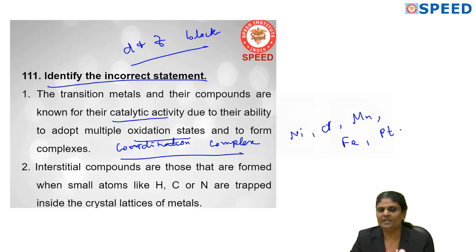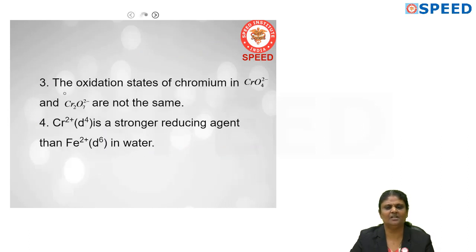You have to pick the incorrect statement. This statement is correct. And interstitial compounds are those formed when small atoms like hydrogen, carbon and nitrogen are trapped inside the crystal lattices of metals. I think this is also correct. And the third one, the oxidation state of chromium in CrO4 2- and Cr2O7 2- are not the same, but this is an incorrect statement.